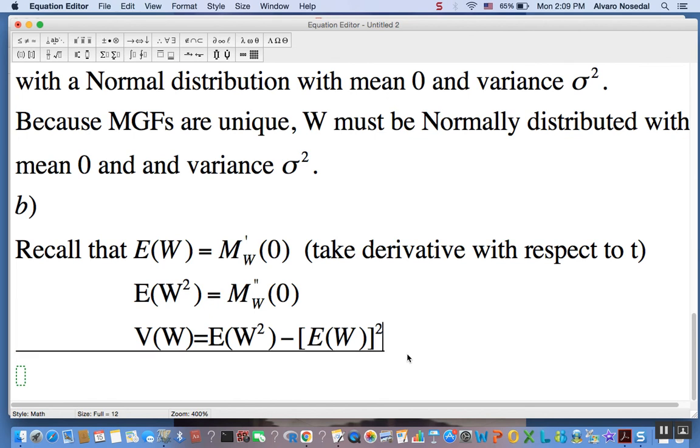So in summary, what I want you to remember about what we did here together in this video is that that's why MGFs are very useful, because we can use them to find the distribution of random variables, and of course, as the name implies, MGFs can be used to find moments with respect to the origin of random variables, like expected value, right? And then we can also use it to find the variance, not directly, but in a very straightforward way.